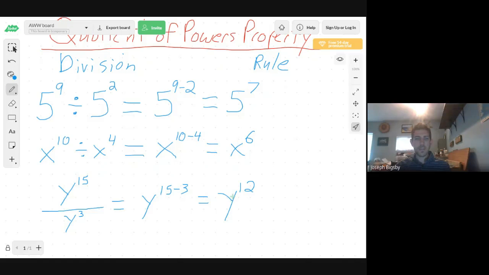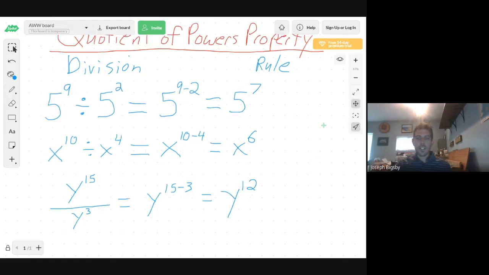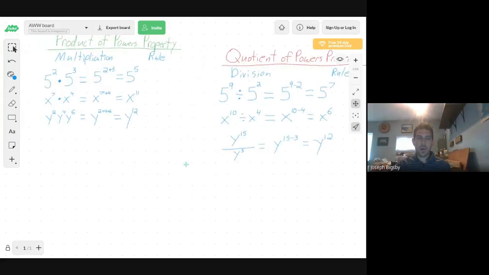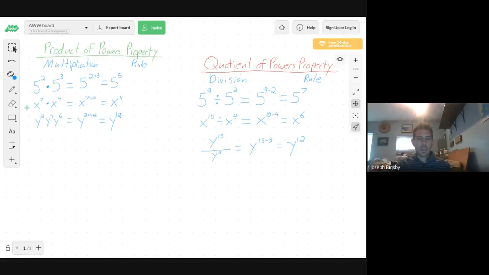And that's it. And of course, lastly, if you really wanted to challenge yourself, you could put both properties together. And let's say we tried something like having both multiplication and division in the same problem. Let's say I had x to the 4th power times x to the 5th power, all divided by x to the 2nd power.